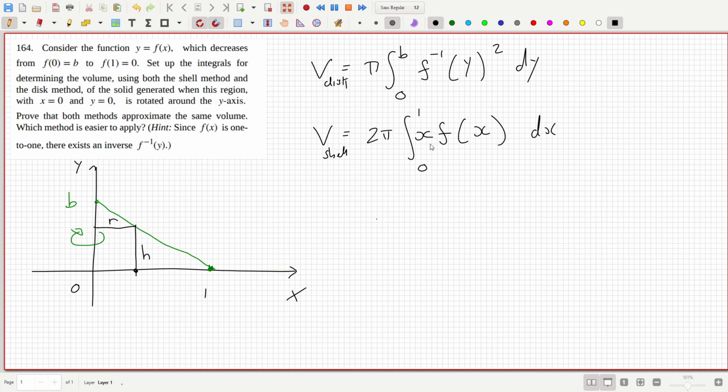So if I was to use the substitution y equals f of x, then obviously that means dy would equal f derivative x dx. So I could change the volume for the disk one. That would be pi.